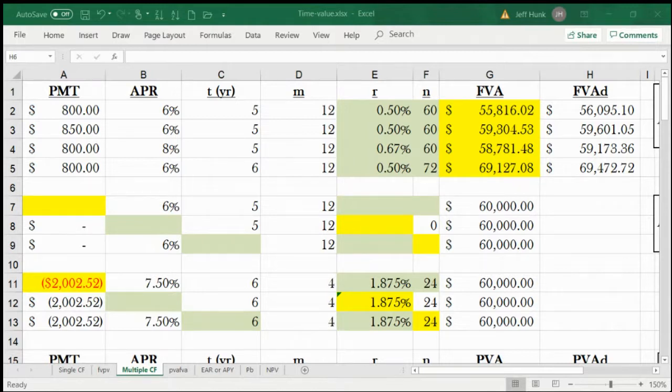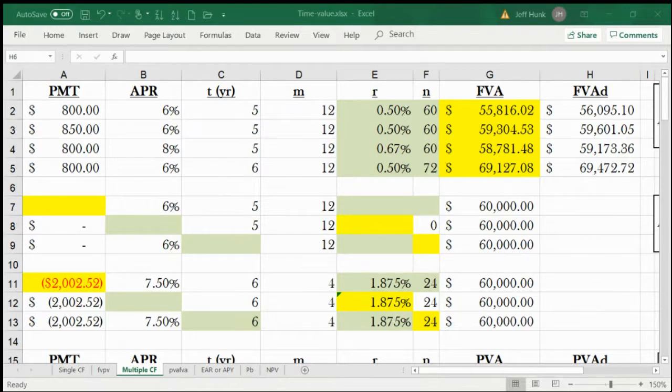And we found what would be the future value if we make $800 deposits every month at 6% APR for 5 years, right?